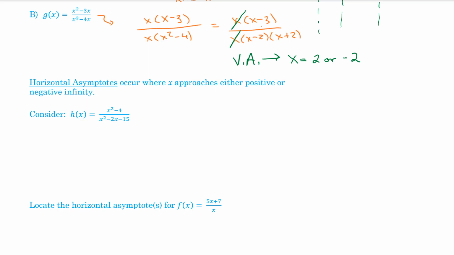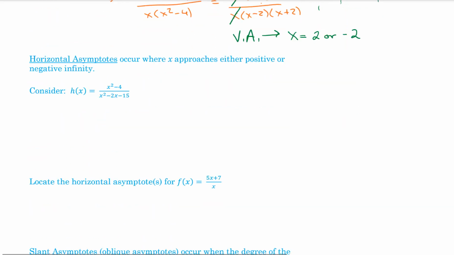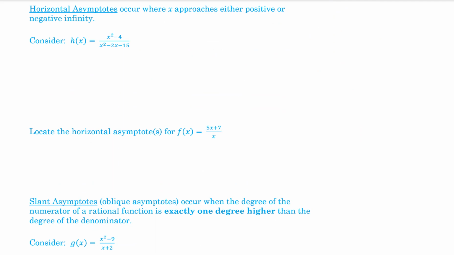You can have vertical asymptotes, which is like what we sketched in the upper right corner here. You can also have horizontal asymptotes. Now with a horizontal asymptote, it basically is a situation with the behavior of the function as x goes to infinity or negative infinity.